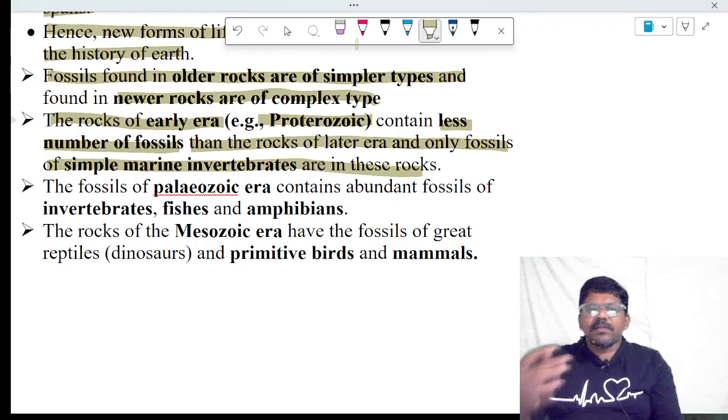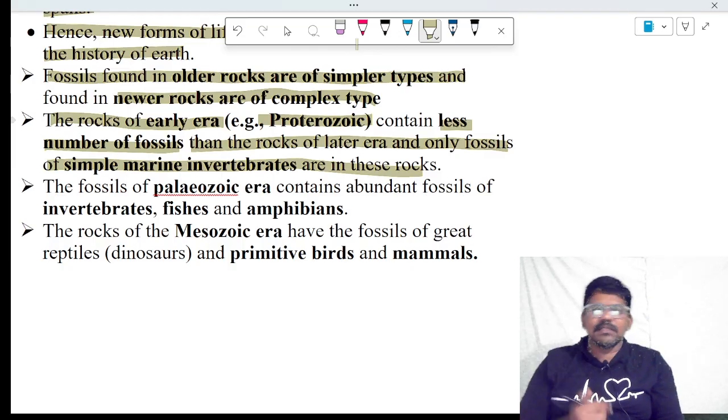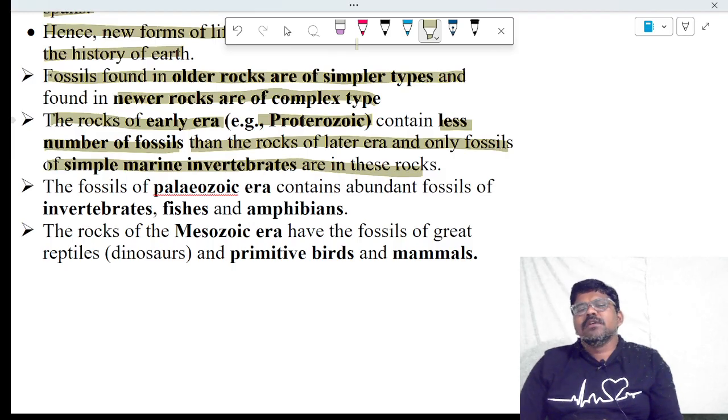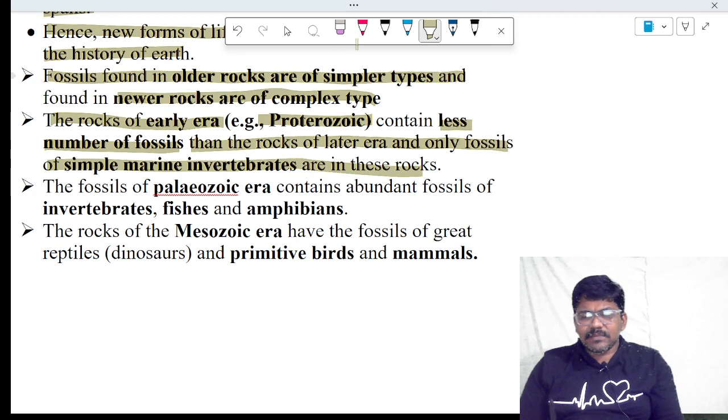Later in the geological time scale, first very simple organisms formed, then invertebrates came to dominate, then fishes came to dominate, and later amphibians, reptiles, aves, and mammals.